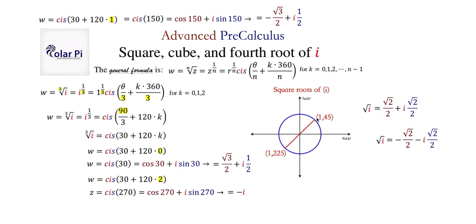Once you figure out where one of them is, you take 360 and divide by n, where n is whatever is involved in the nth root, and you add that amount to the angle measure of the first one that you found, and you'll get the second one. Okay, cool.